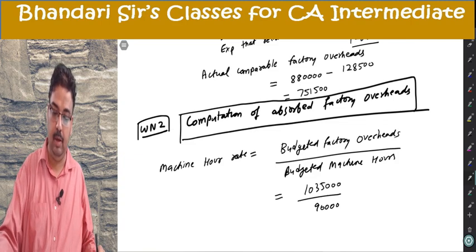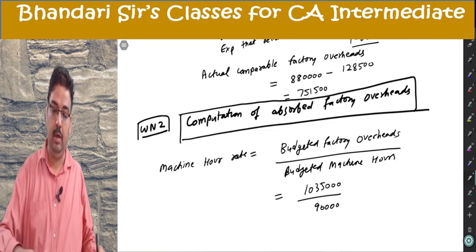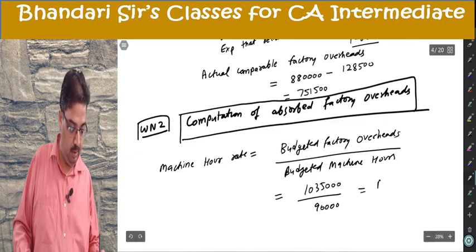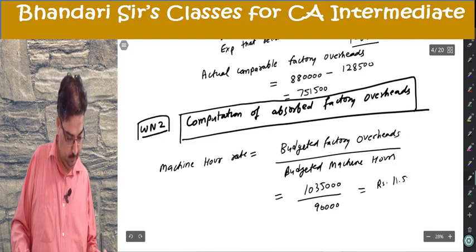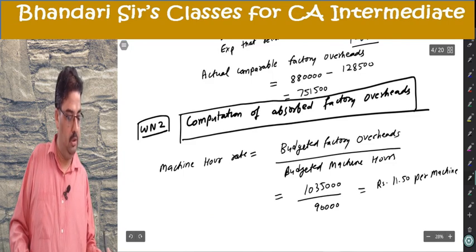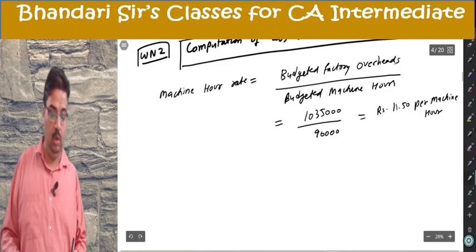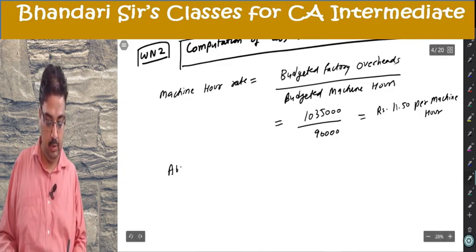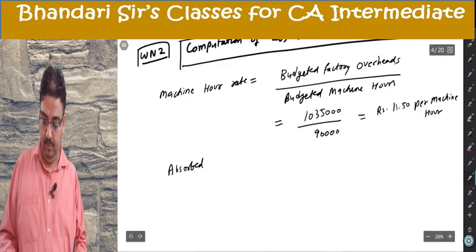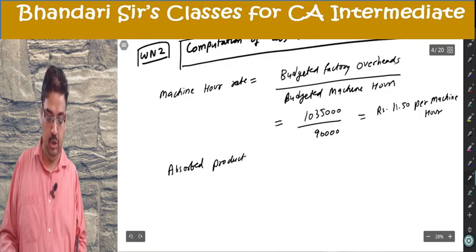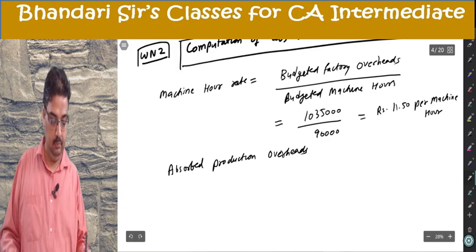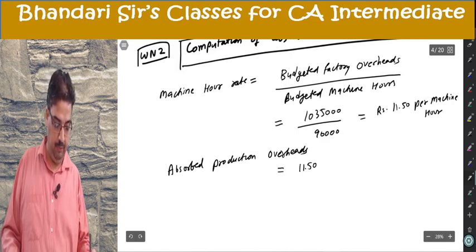I am getting 11.50 per machine hour. Now, if I multiply this with actual machine hours, I'll get absorbed production overheads, 11.50 multiplied by 45,000.